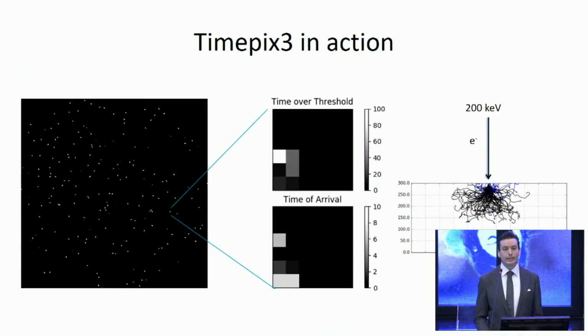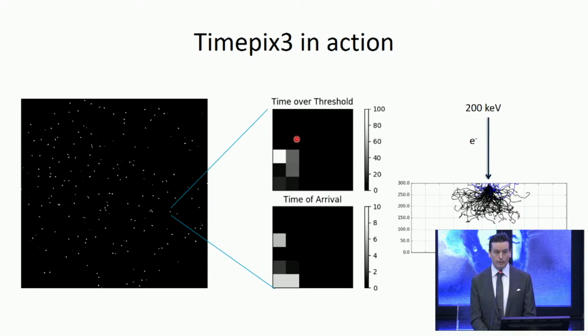So, Timepix3 in action. This is an image of a very sparse electron beam, so just a few electrons. And we can view individual electrons hitting this sensor layer. But remember that I said that we're only interested in this point of impact. Where does the electron hit? But what you can see is that there's a cluster. There's a number of pixels being hit.